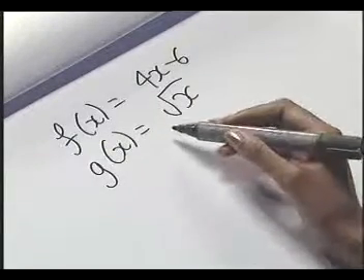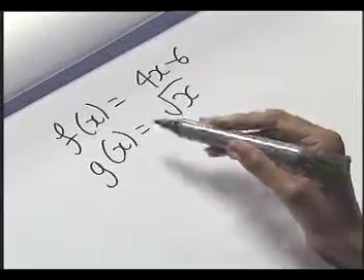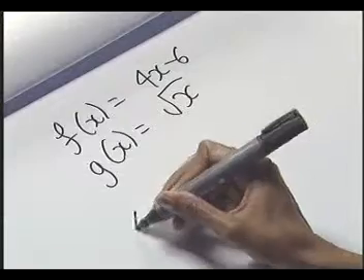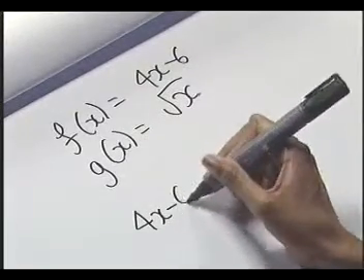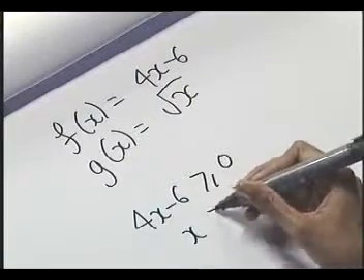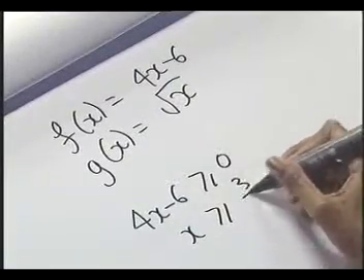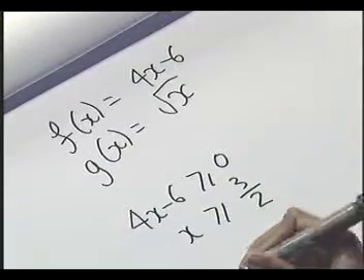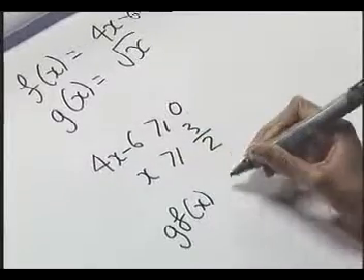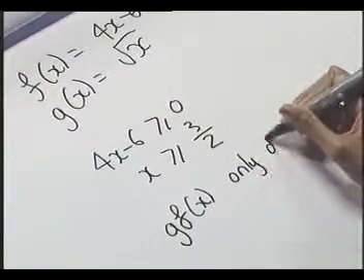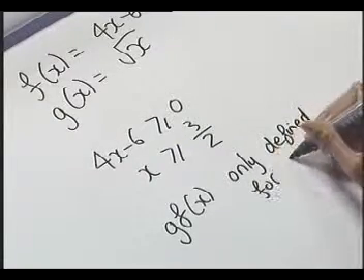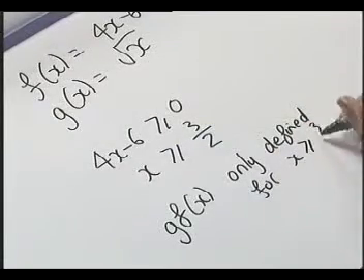So g f of x can only be defined if f of x is greater than or equal to 0. And f of x is greater than or equal to 0 only if x is greater than or equal to 3 over 2. So g f of x is only defined for x greater than or equal to 3 over 2.